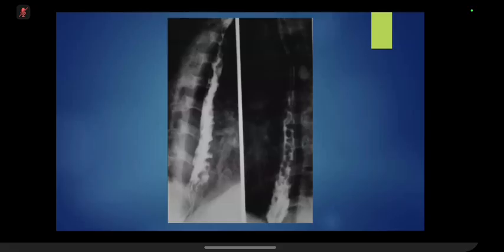So these mucosal irregularities can be due to tertiary contractions since the patient is elderly, or another possibility which I'm thinking of is diffuse esophageal spasm.